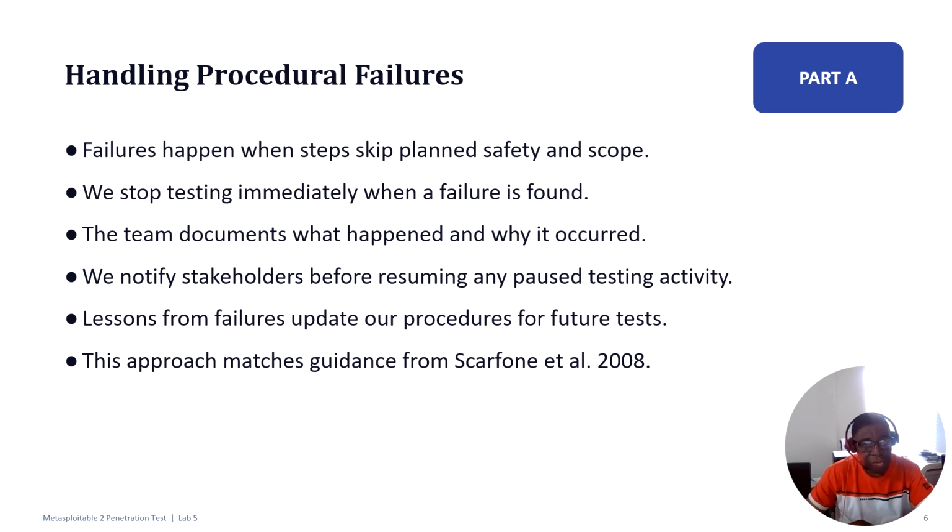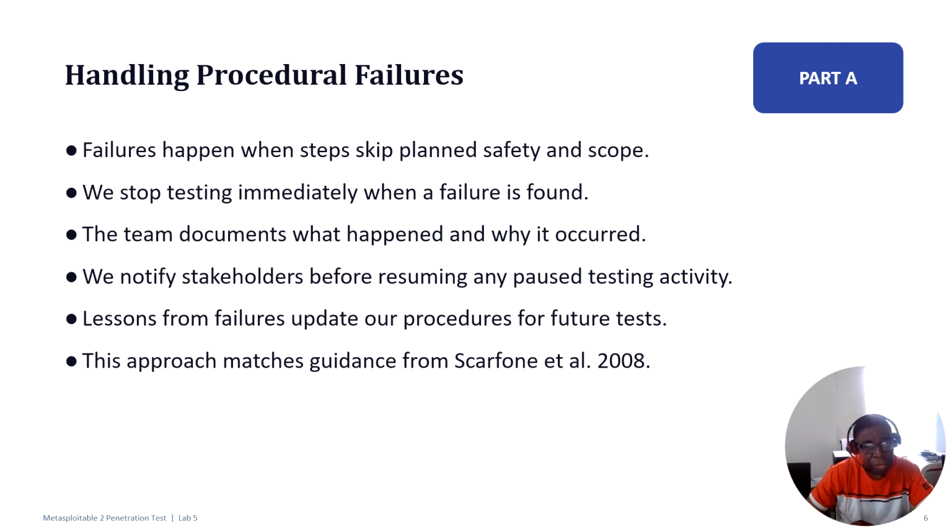Things don't always go according to plan, so it's worth talking about what happens when a procedure fails or a step gets skipped. My approach is to stop testing immediately the moment things go outside scope or a failure occurs. Rather than pushing forward from there, I document exactly what happened and why.